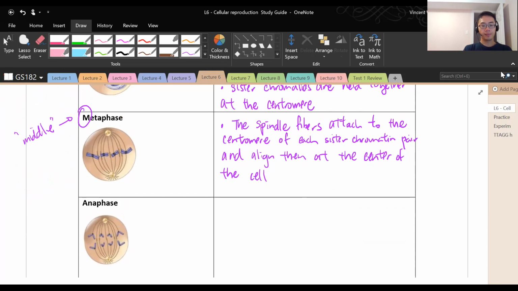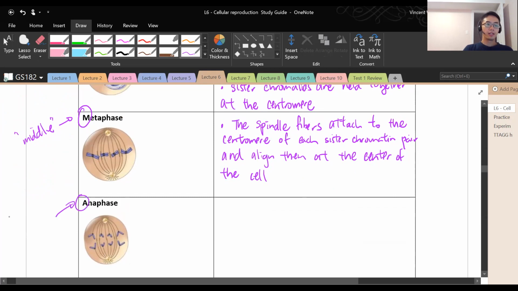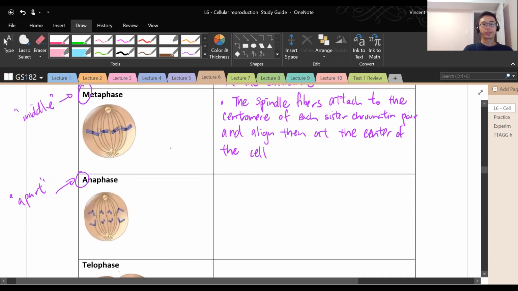Next, we have anaphase. A for apart. That's how I remember it.